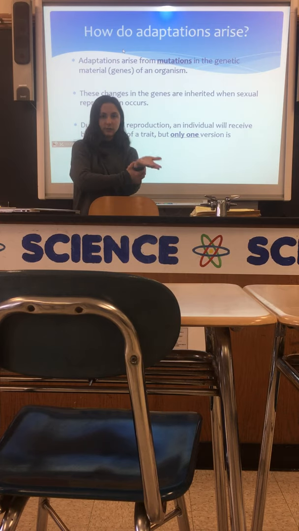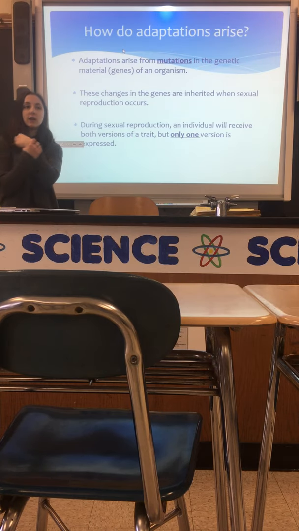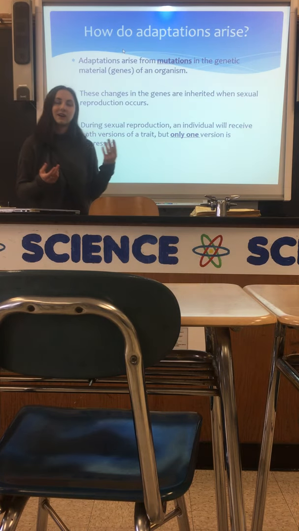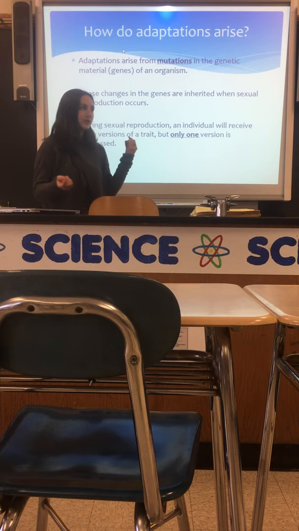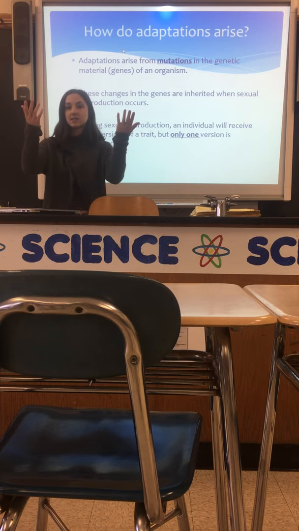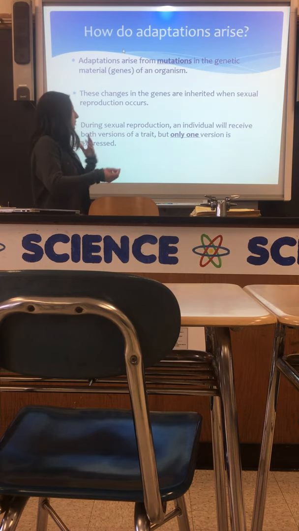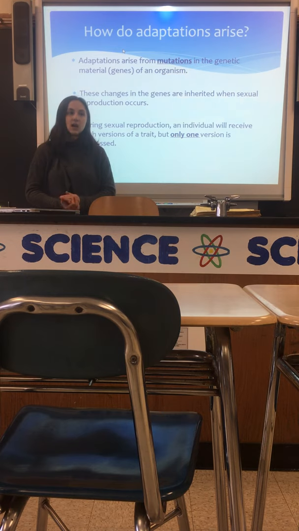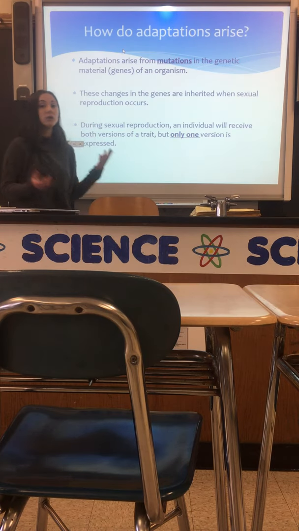You inherit one from your mother and one from your father. However, only one is expressed. Just a basic example, as we're reviewing right now, is eye color. You inherit 2 genes from your parents, but only one is expressed. When we're talking about mutations, maybe one parent has the mutation and one of your genes will be expressed. Maybe it's the mutation and maybe it's not. We don't really know.